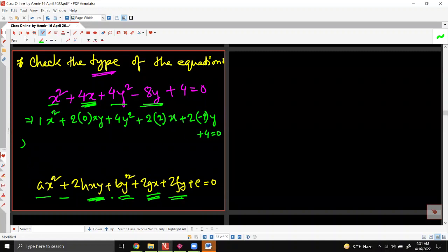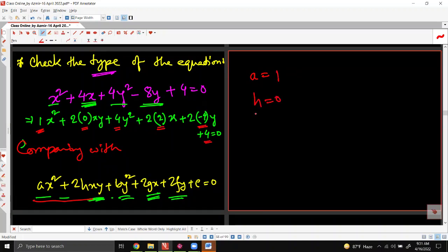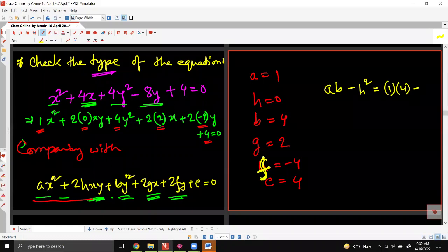You can understand that what we have done here is we have just compared the given equation with the general equation of second degree. So we are getting a equals 1, h equals 0, b equals 4, and then g, f, c.